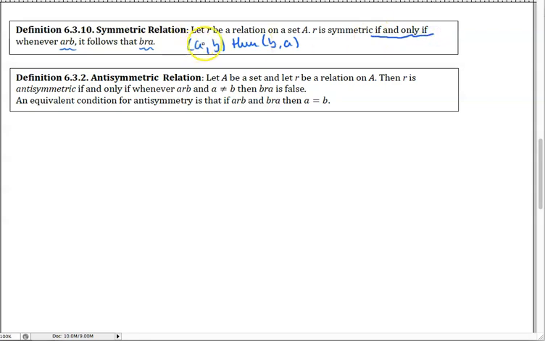So if you have a coordinate point in the relation, then its inverse needs to be there also. Okay, so that's a symmetric relation.